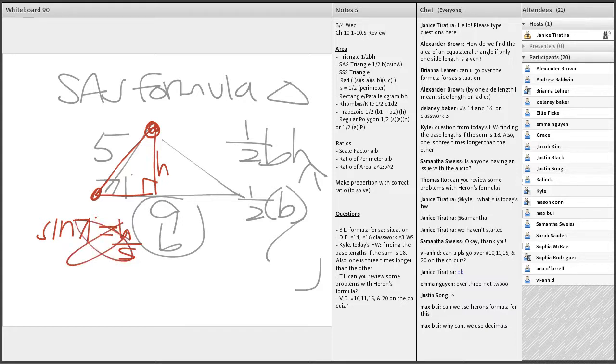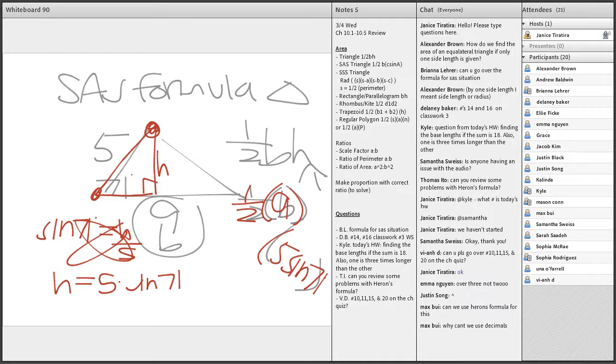Cross multiply, you do your math, and your height H is 5 times sine 71. So woohoo, we found the height. And so we have 1/2, the base is 9, and the height is 5 sine 71. So that's the manual way, the long way to do it, but cut to the chase.